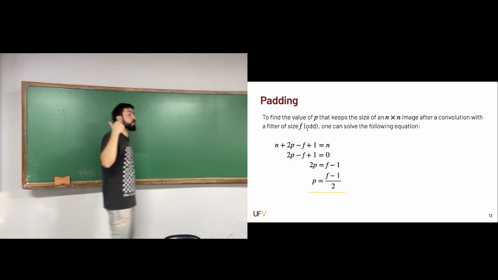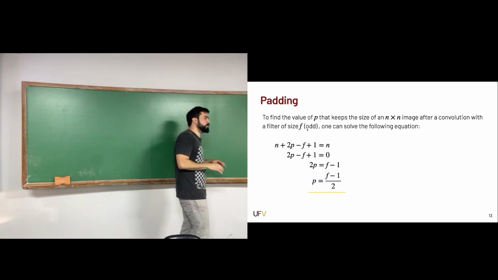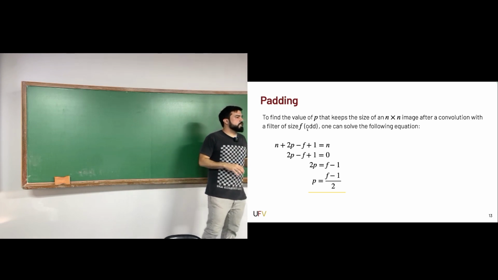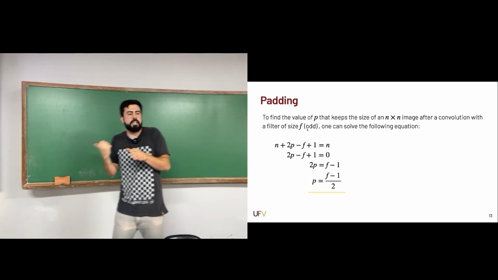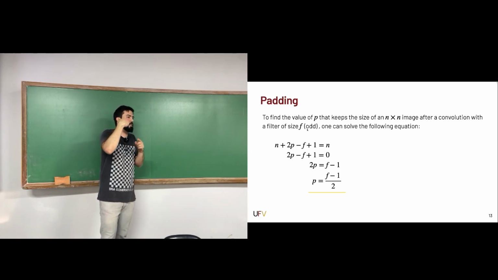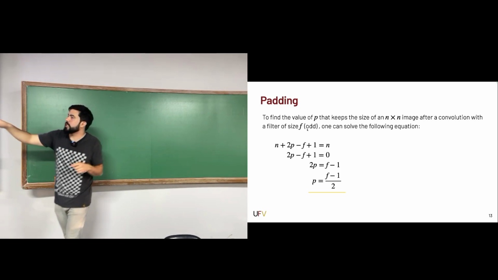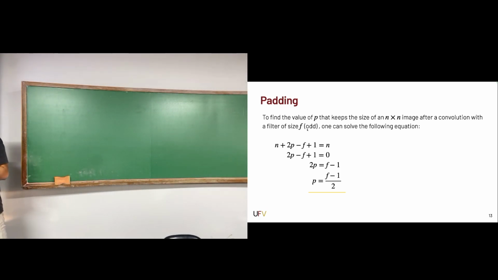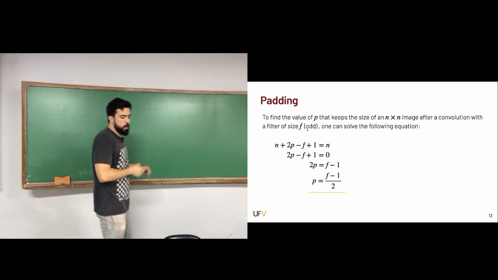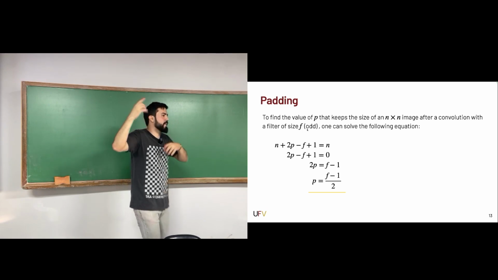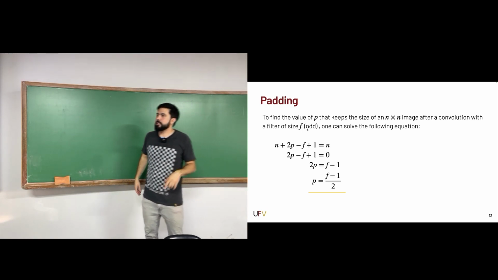This is very useful in code when you're programming convolutional neural networks. You want a convolution layer that makes sure you don't mess up the original size. So I can parameterize my code and always compute p based on the size of the filter and the image.